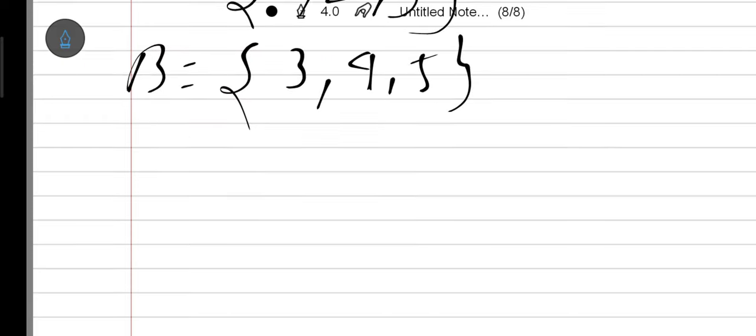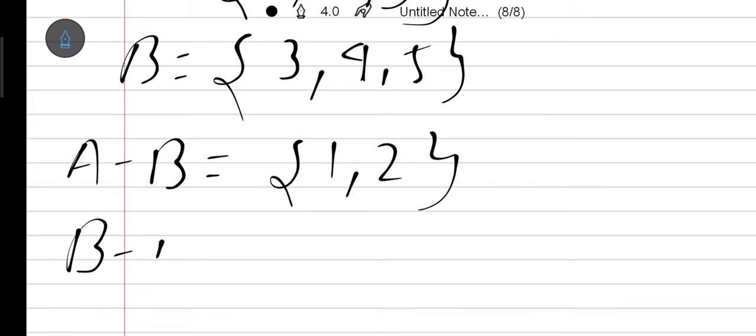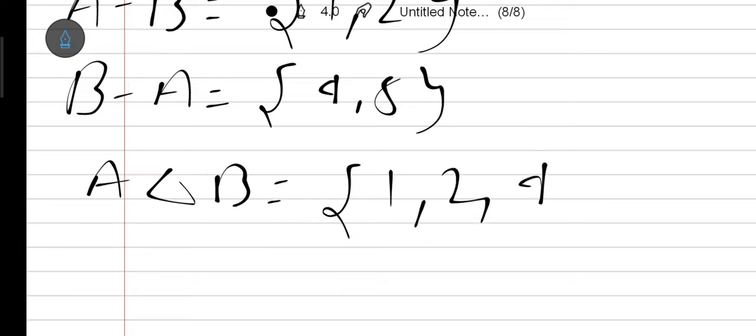First of all we'll find A minus B. A minus B is {1, 2} and B minus A is {4, 5}. So A symmetric difference B will be {1, 2, 4, 5}. So this is the answer.